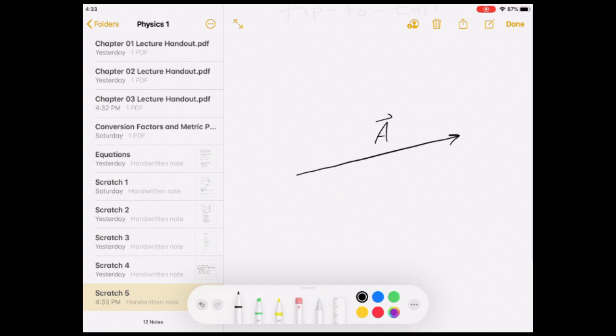How much does it point up and how much does it point to the right? I could put some axes on this, and put the vector at the origin of the axes.